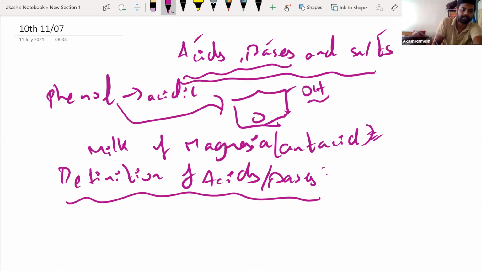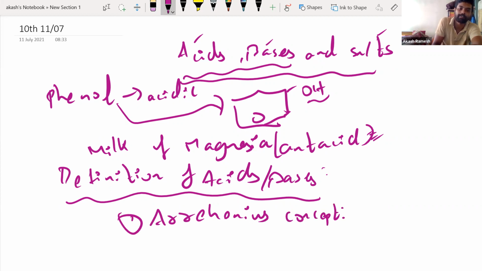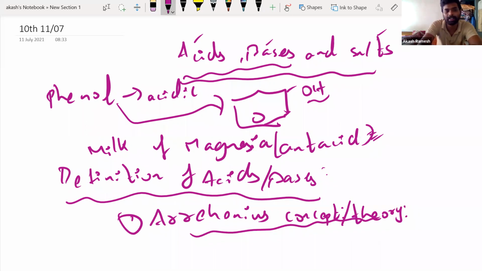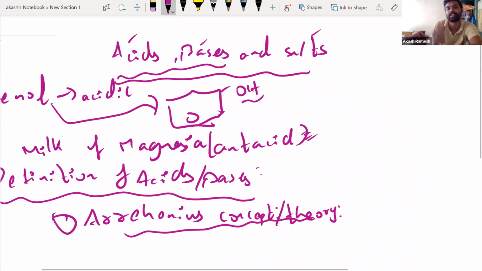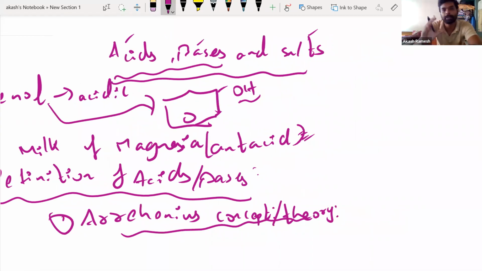Okay, fine. The first definition comes from a scientist called Arrhenius, right? So we have something called the Arrhenius concept of acids and bases, also called the Arrhenius theory of acids and bases. So what does this Arrhenius theory say?